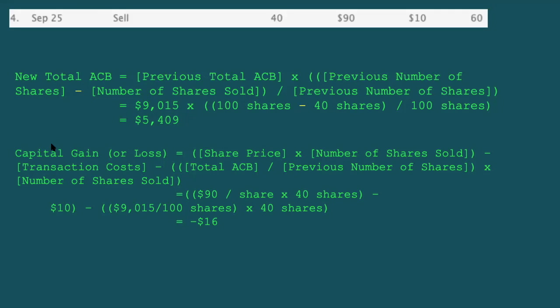And because this was a sale, we need to do the capital gains or loss, and in this case, there's going to be a loss. And the calculation doesn't change from what we just saw.